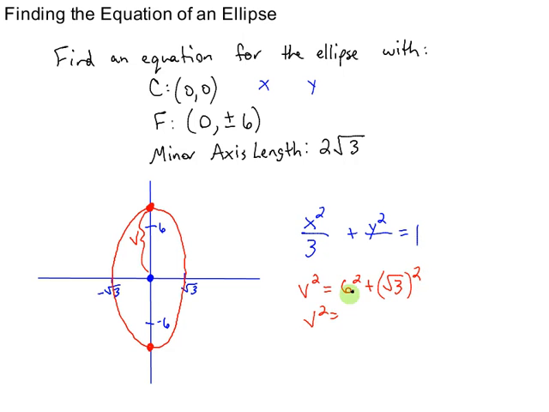So v squared is 36 plus 3, so v squared is 39. Therefore v is the square root of 39. If this distance is the square root of 39, the square of that goes in the equation. So 39 goes here. Really, I could have stopped right here, because my distances are squared in the equation, and here I found the square of v.